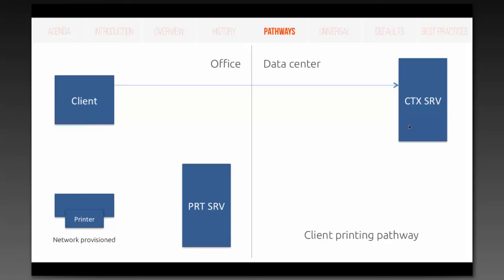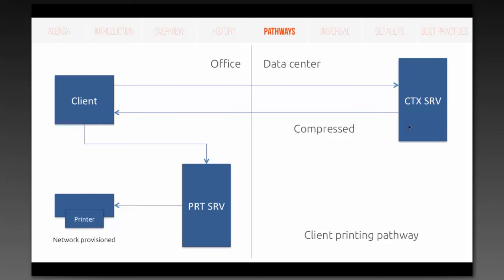Because of the client printing pathway, it will be sent back to the client over ICA, so we can apply compression and manage it. Of course, from the client to the print server it will be uncompressed, but those will be relatively close together over a fast LAN, so that won't be an issue, and the same applies to the traffic sent from the print server over to the printer. Like I mentioned, this will be compressed.